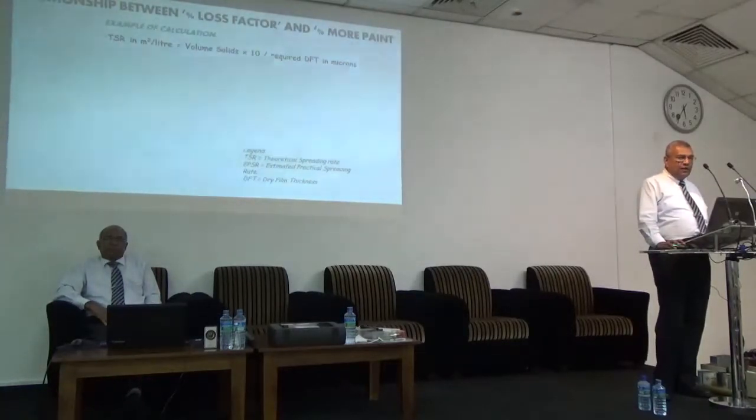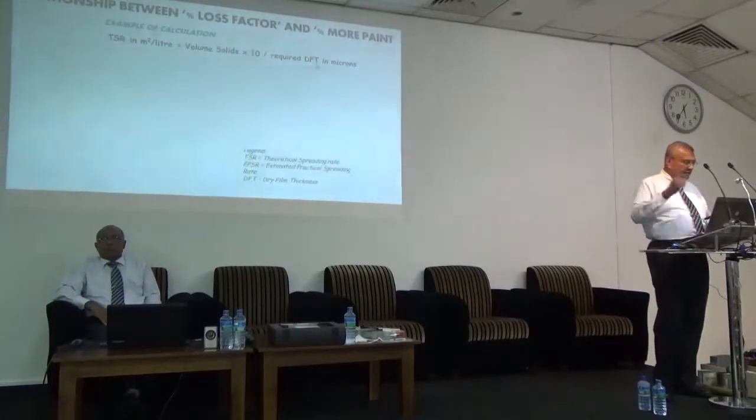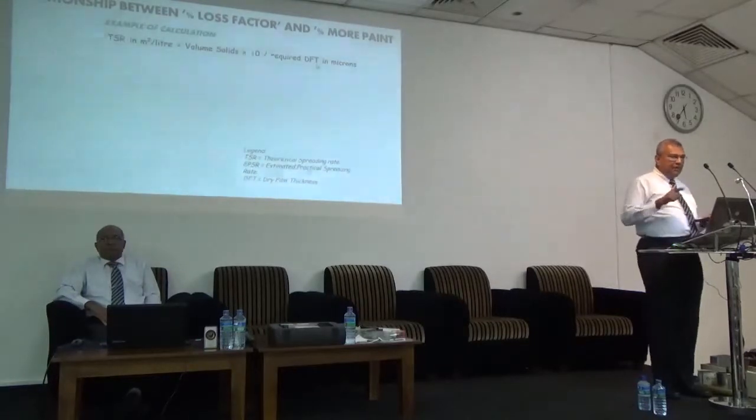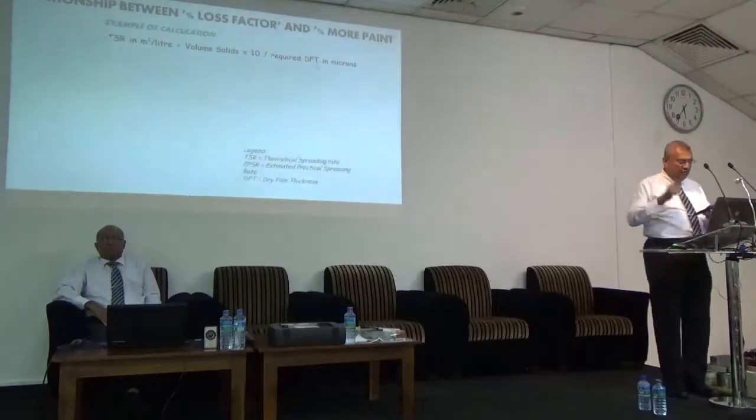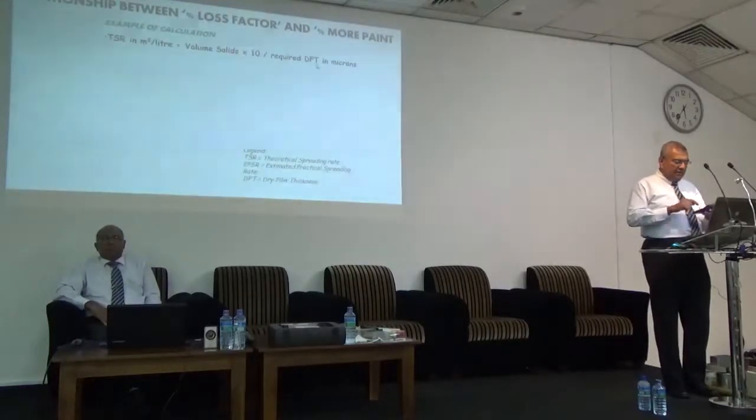Now in Sigma Cover 280, the volume solids is 57%, times 10, over the DFT. So we saw it in the paper, 50 microns is 11.4. So if you take a calculator, you multiply 57 times 10 divided by 50 microns, you get 11.4.